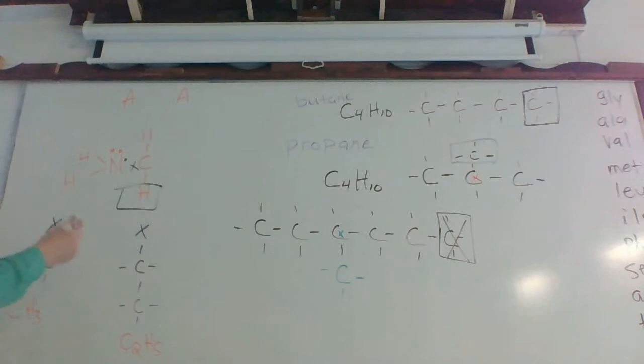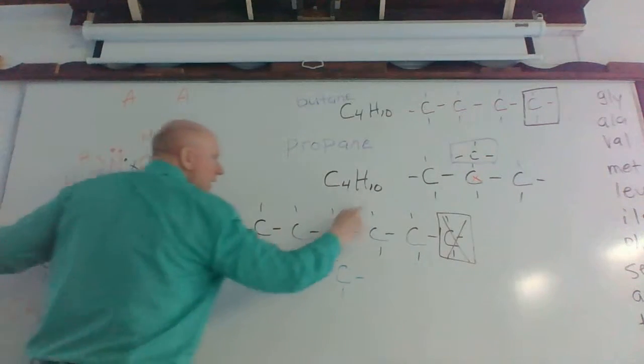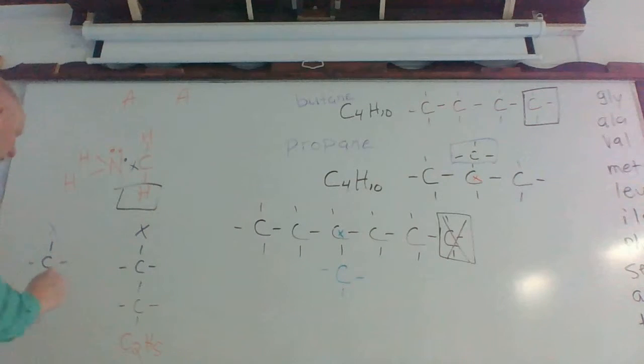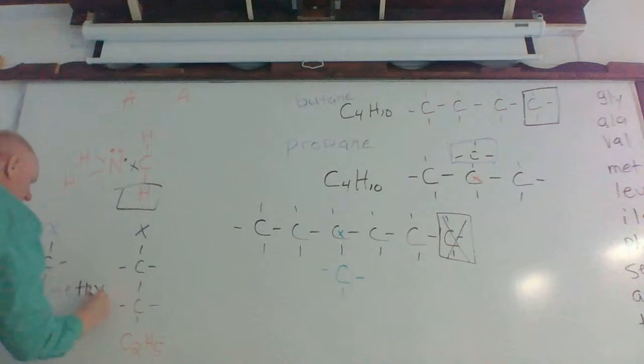Because if we leave this as just a hydrogen atom, as CH4, what's that called? Methane. But this is not a hydrogen atom. It's bonding to a carbon. That's why we see that X up there. So we derive methyl, M-E-T-H-Y-L.